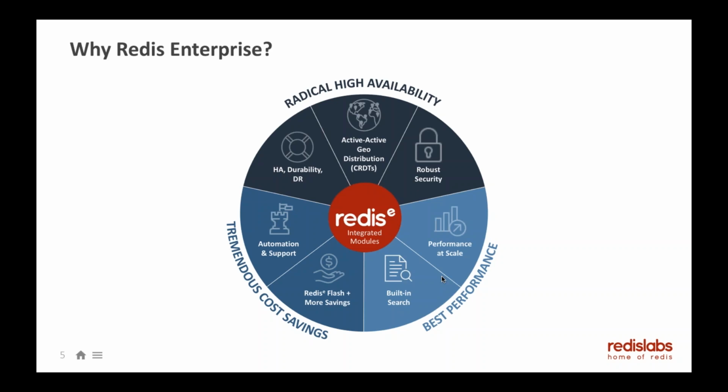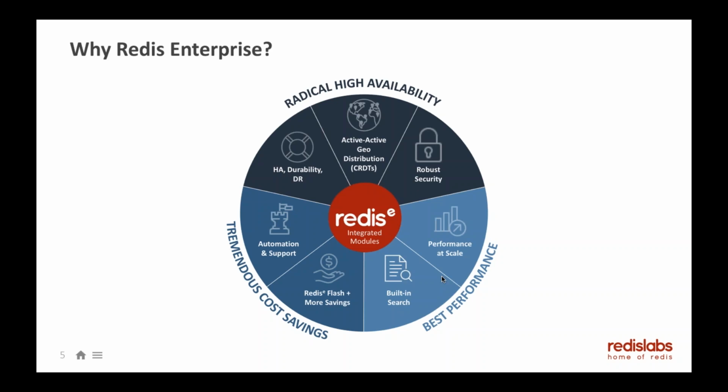Redis Enterprise's automation support also allows simplified management. Things like rebalancing and resharding, adding and removing nodes, handling failures automatically, just simply handle a lot of the things that administrators have to do that are complex with simplicity. Finally, we provide great added performance on top of Redis with Redis Enterprise.